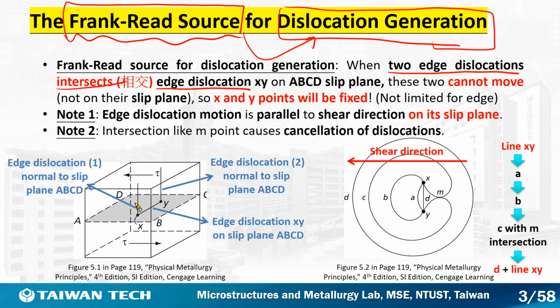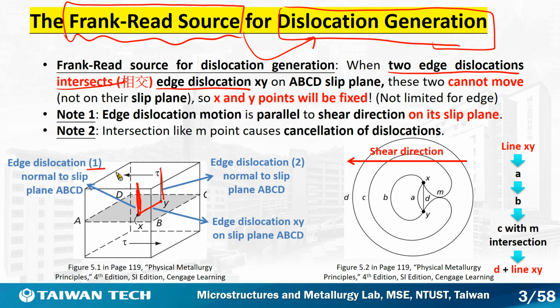So first, let's see here. We have two edge dislocation lines intersecting edge dislocation X, Y. So we have three edge dislocations here.